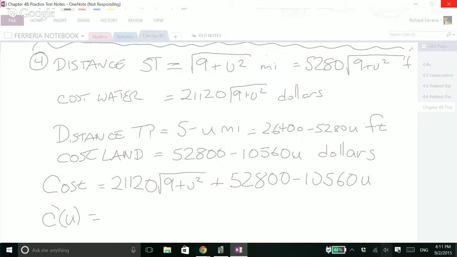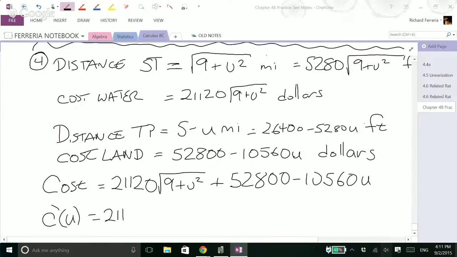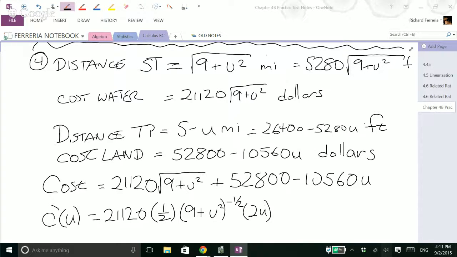I should do this slowly. We got 21 times 1/2 times 9 plus u squared to the power, times 2u, minus 10,560.